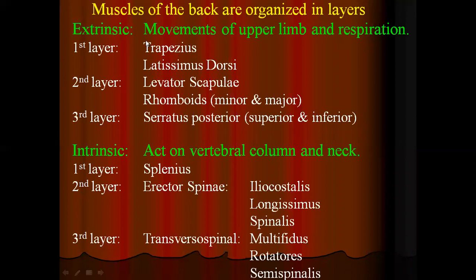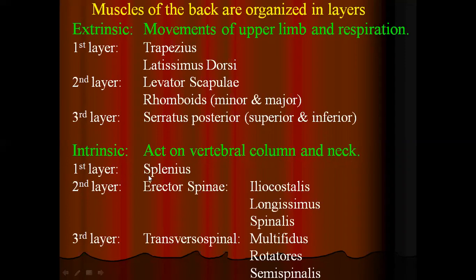Now let us summarize. Extrinsic muscles are involved in movements of the upper limb and respiration. First layer we saw trapezius and latissimus dorsi. Second layer we saw levator scapulae, rhomboids minor and major. Third layer we saw serratus posterior, superior and inferior. Once you have cut all these muscles, we went to intrinsic muscles which act on the vertebral column and neck.